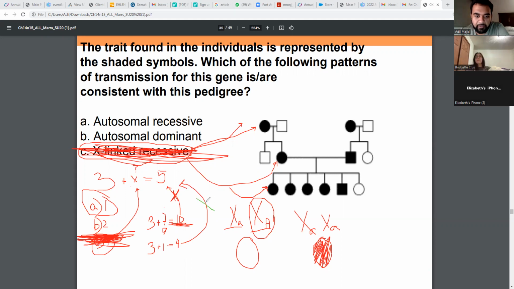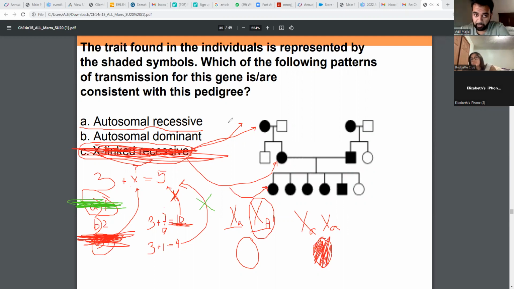It is not 5. Okay, so that's how we disprove that the answer can't be A, right? Mhm. So now let's do the same thing here. I'm just trying to show you what we're doing. So now we're going to pretend that everything that's showing the trait is autosomal recessive.